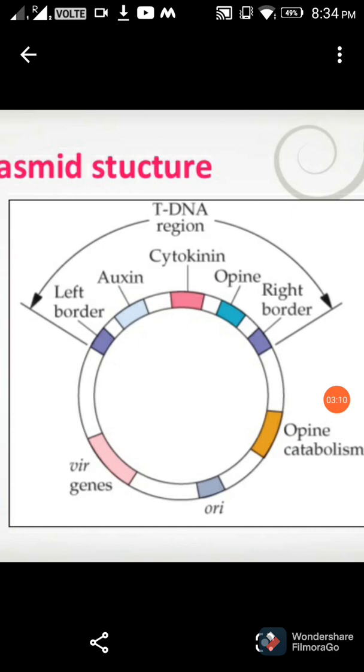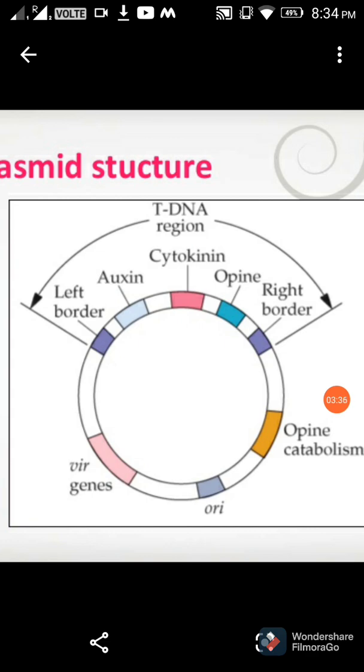So these are the main regions: the auxin and cytokinin genes, which induce cell division and proliferation. That is why it leads to crown gall disease, tumor formation. And the opine genes synthesize the opines like octopine, nopaline, and one more, agropine.